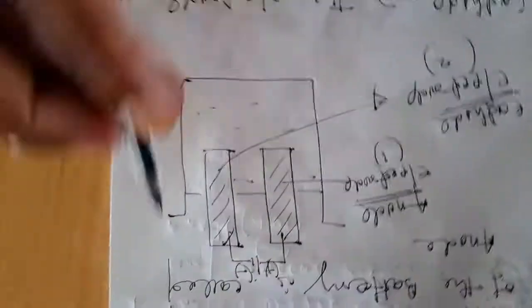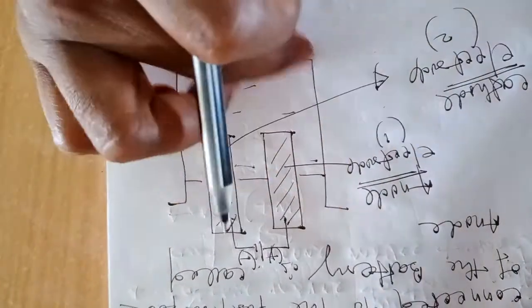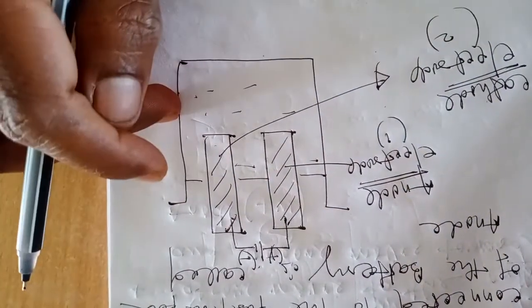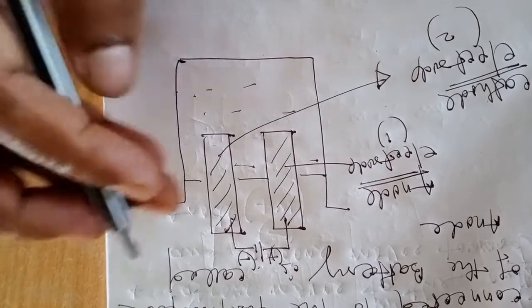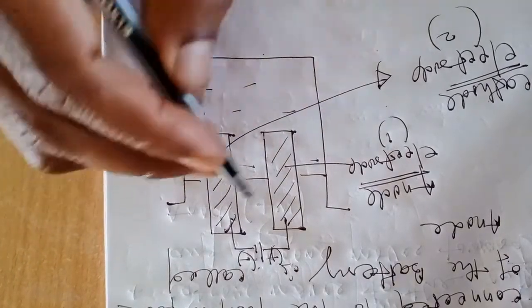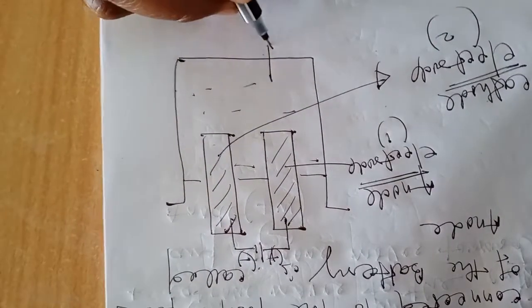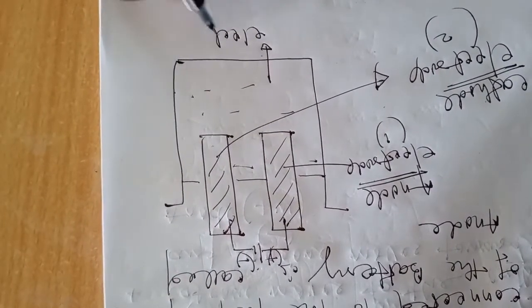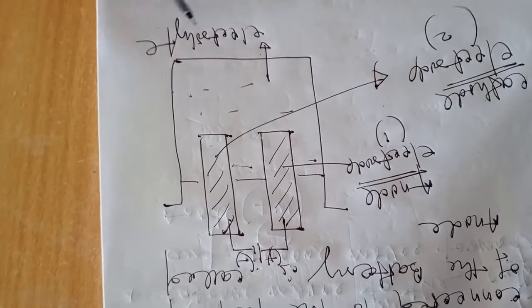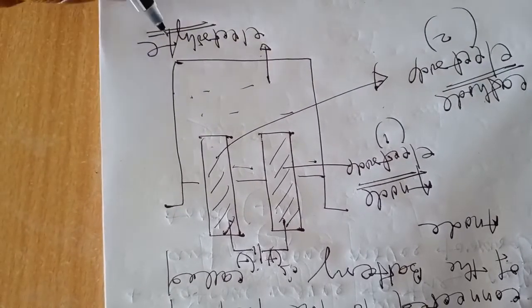In the previous class we studied that we take an electrolytic vessel with two electrodes, one anode and another cathode, and this aqueous solution is called the electrolyte.